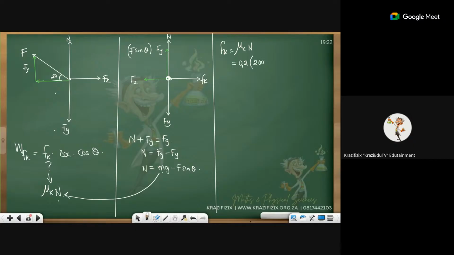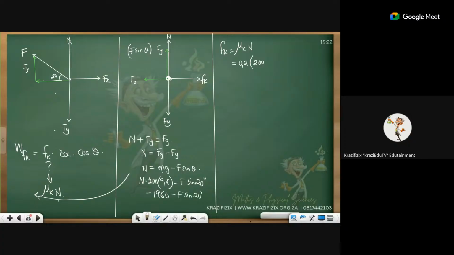Let's get a value for this thing here. This is 200 times 9.8 minus F sine. What is the angle? 20. Okay. What does this give us? 1,960.